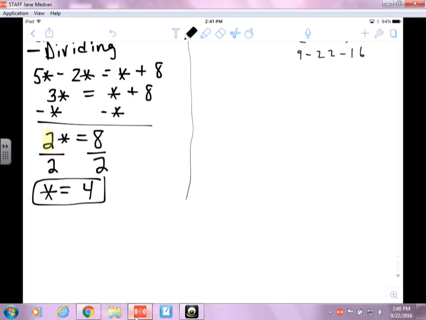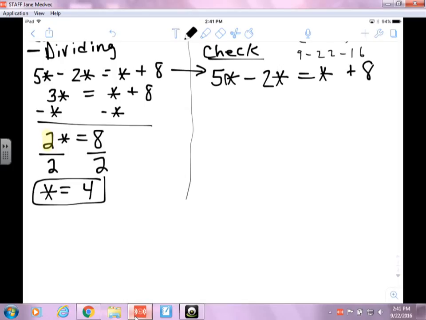Okay, now I'm going to do my check, and I'm going to write the original problem. So this is very similar to what we've done already. I'm going to take out my star, and I'm going to put in my 4.